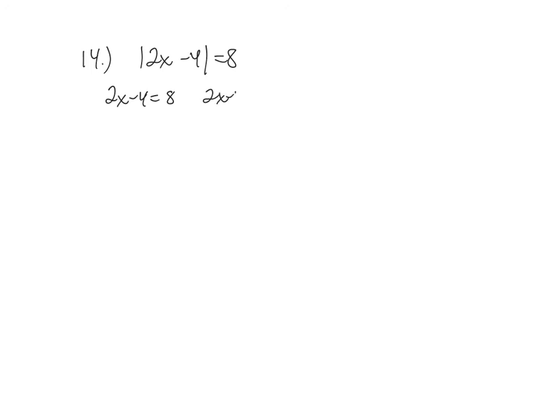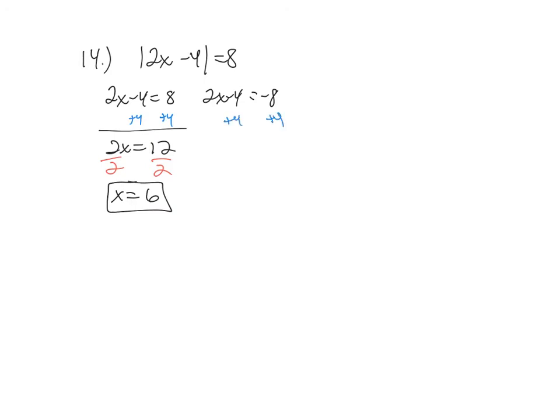One positive and one negative. And then solve them. So the solving part should be the same on both equations. What I mean by that is, you notice we added 4 on both sides on both of them. And then we divide by 2.